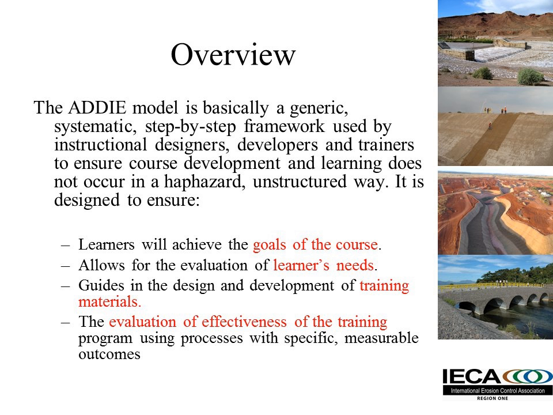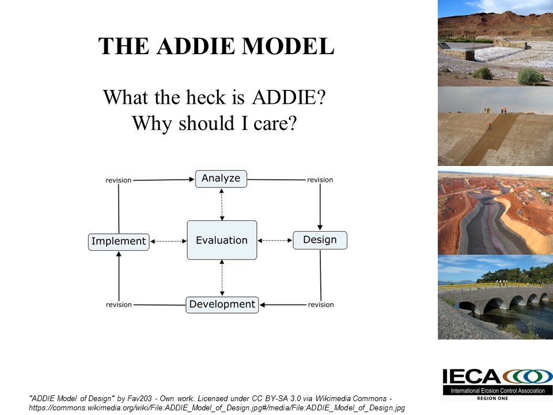We evaluate your effectiveness. If you notice, I'll go back. In the middle of this graphic is the word evaluation. And the reason the E of ADDIE is in the middle is because we're always evaluating what we're doing. We want to make sure what we're doing is effective.